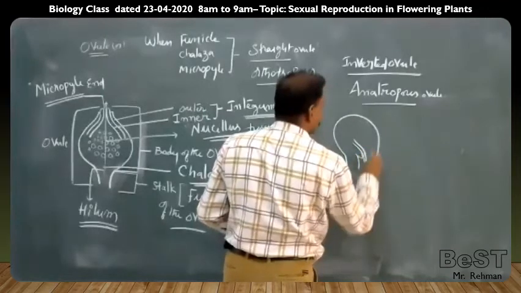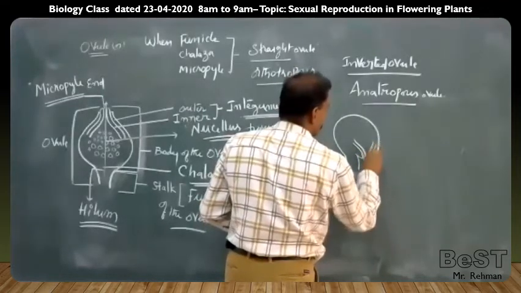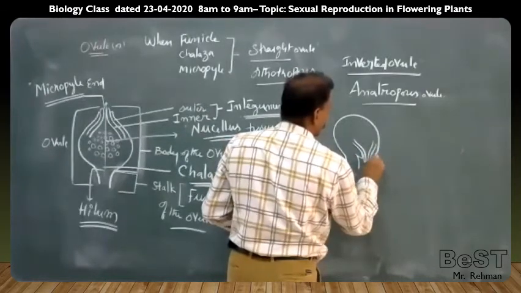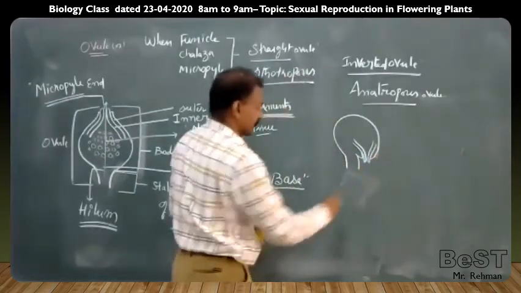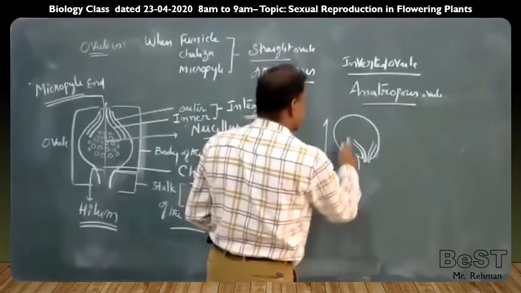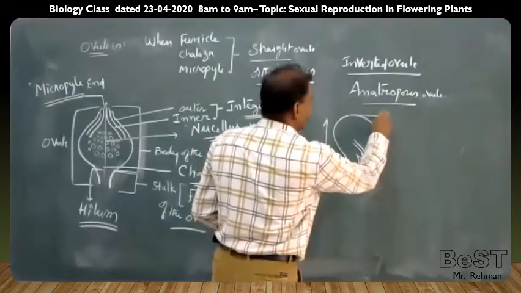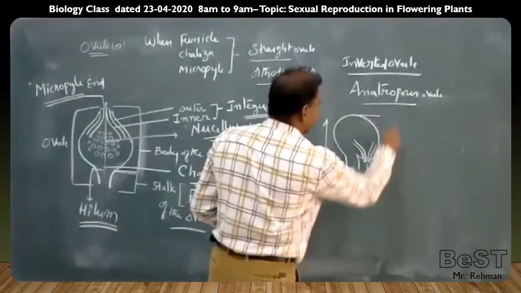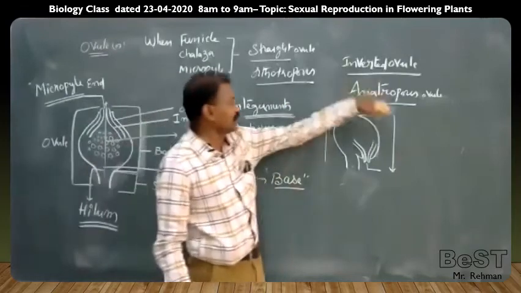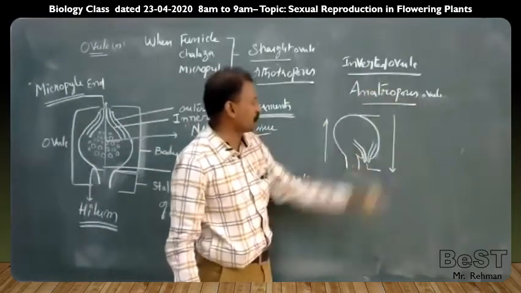The funicle is this side, straight on one radius, chalaza and micropyle on another radius. This type of ovule is called an inverted ovule or anatropous ovule.